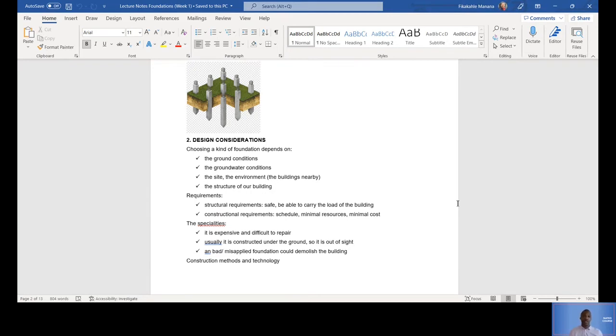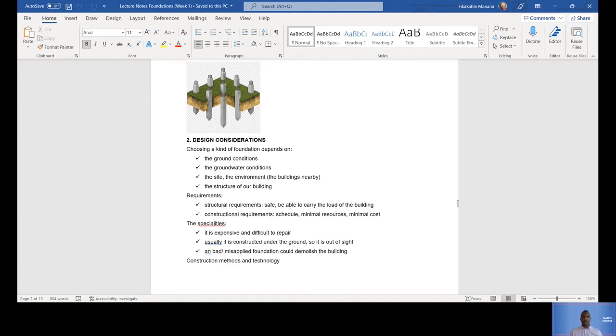So all of these are design considerations, things you need to know before you design the foundation. Now, some of the requirements, as it says here: the structural requirement is that the foundation should be safe and able to carry all the load of the building combined.